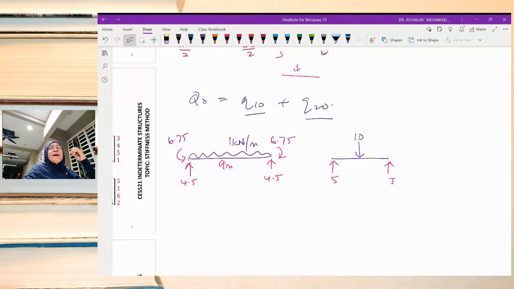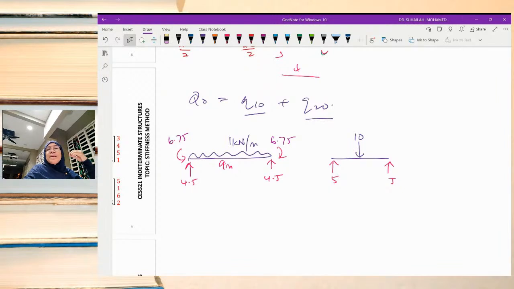The moment direction is as stated here, representing the behavior of the beam. The beam is bent, and then the moment will push the beam back to its original position. To become straight again, we have to apply moment in that direction.